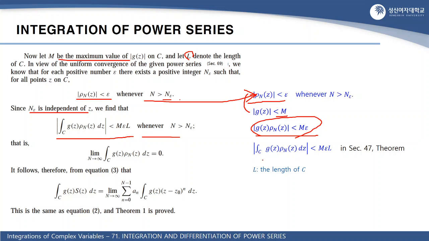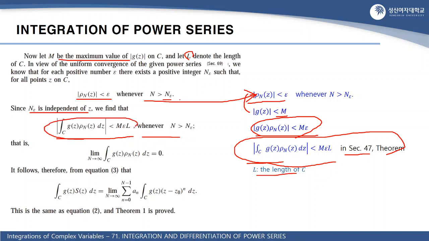Then we have this from the theorem in section 47, where L is the length of the contour given. So we get this whenever large N is greater than N epsilon.